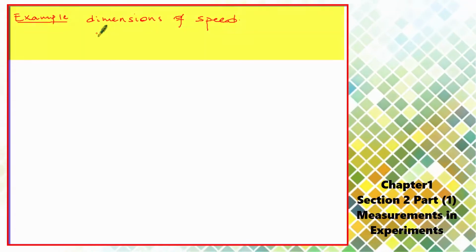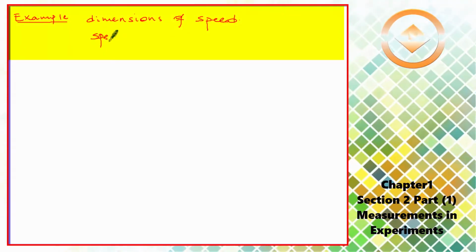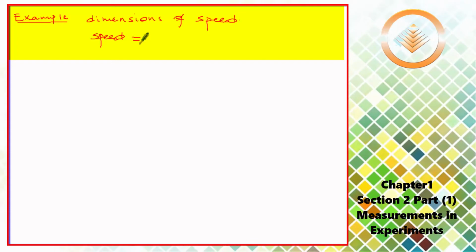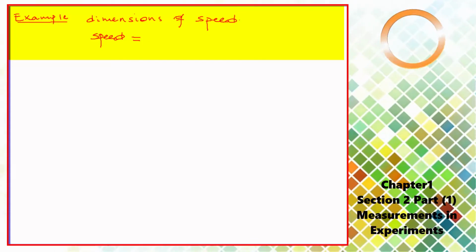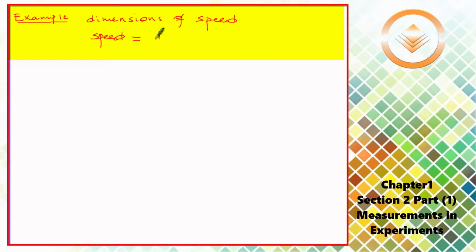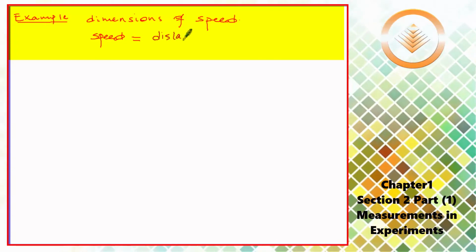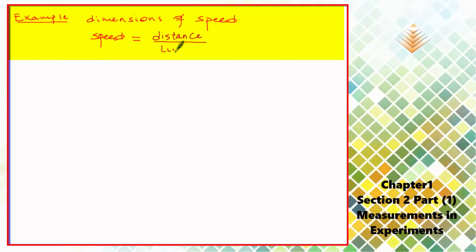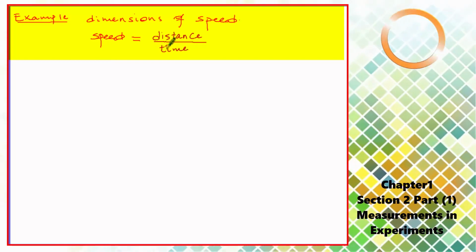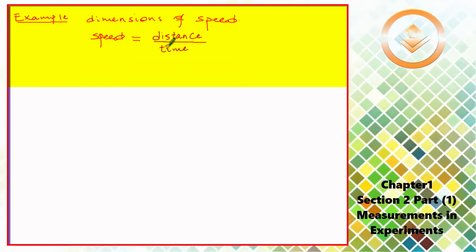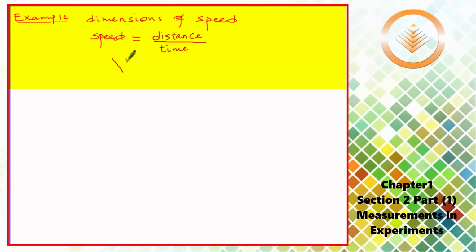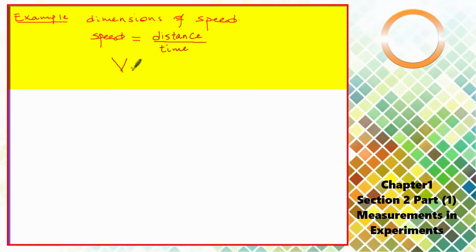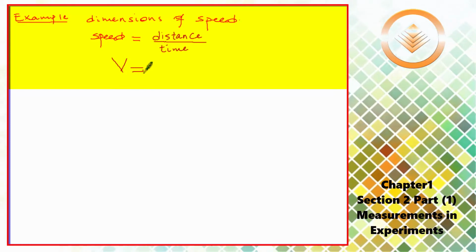To find the dimension of speed, we start with the definition of speed. What is the meaning of speed? Speed is defined as the rate of distance traveled, that is, distance divided by time taken to cover that distance. Symbolically, V is the symbol for speed, which is distance S divided by time.